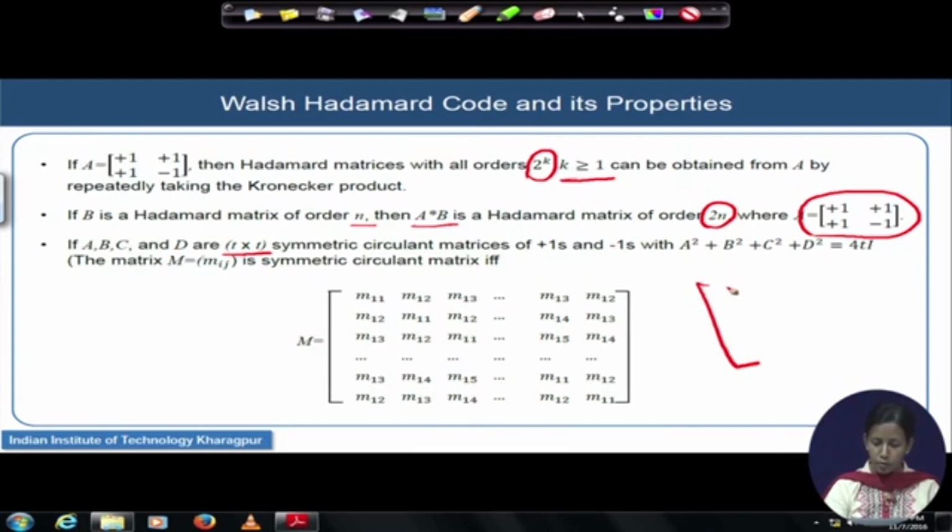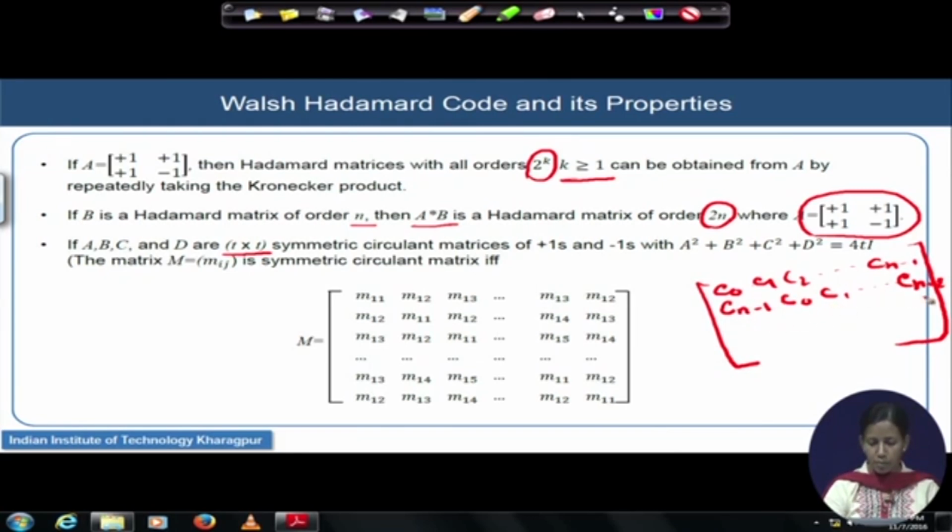Suppose you have c0, c1, c2, and so on up to c(n-1) as elements in the first row. For it to be a circulant matrix, in the next row you should see c(n-1) here, c0 here, c1 here, and so on, ending with c(n-2).